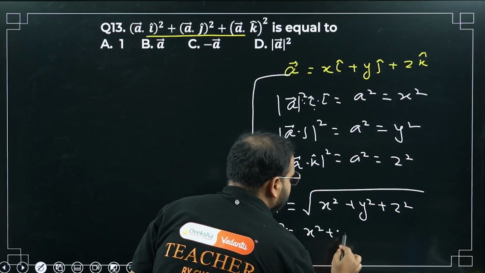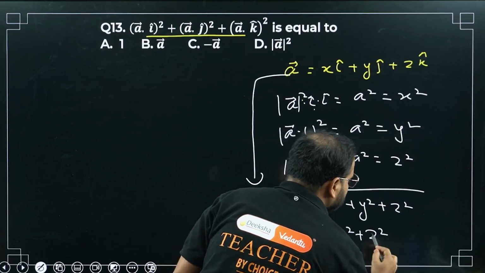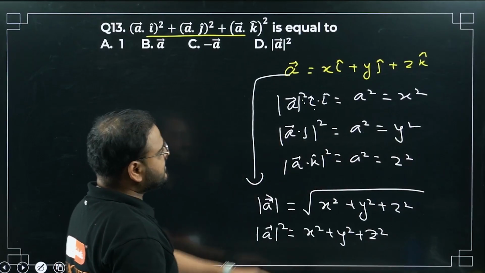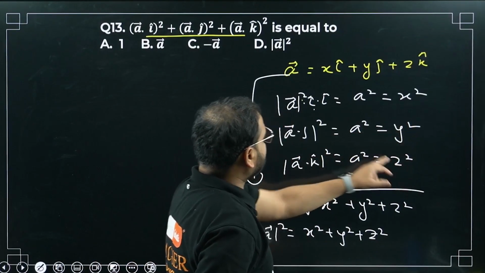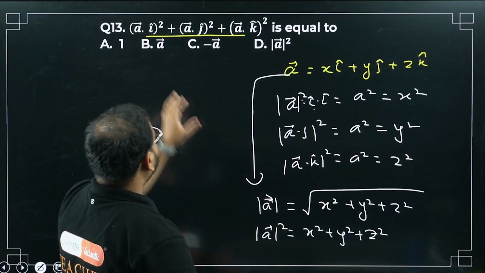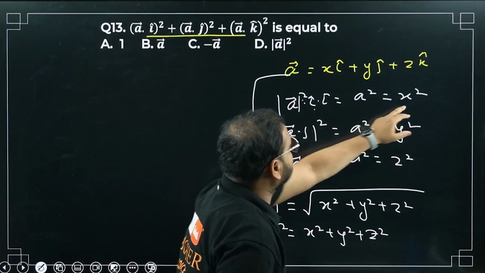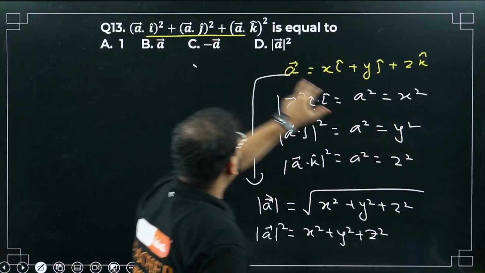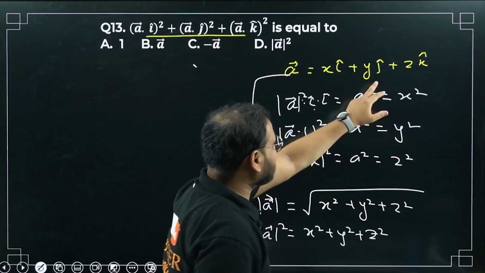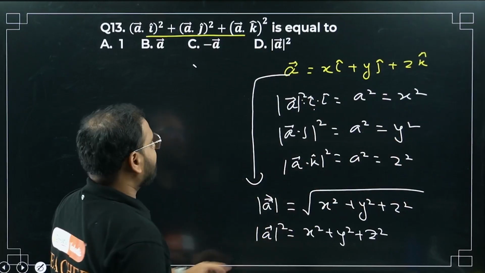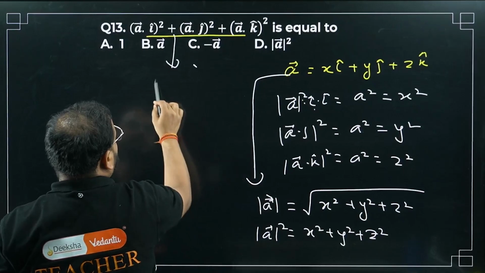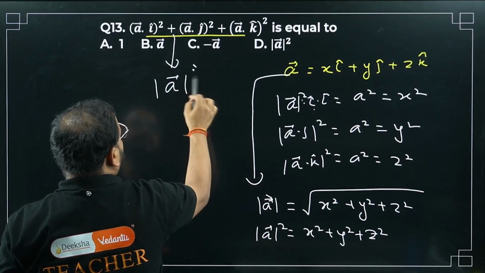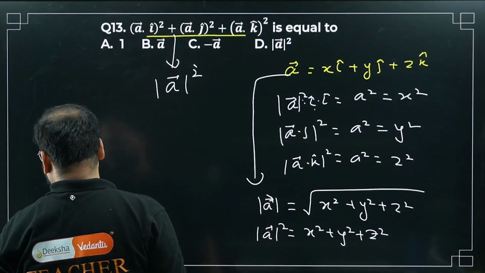X square plus Y square plus Z square. Isn't this the same thing? I have written this as X square, this as Y square, and this as Z square. Adding them, what I'm getting? The LHS side. So this whole thing will become what? Yes or no?